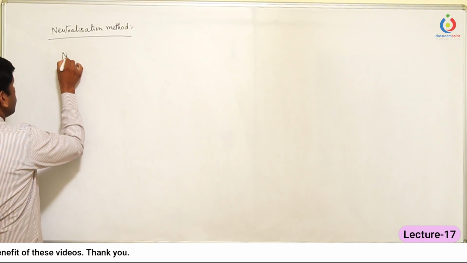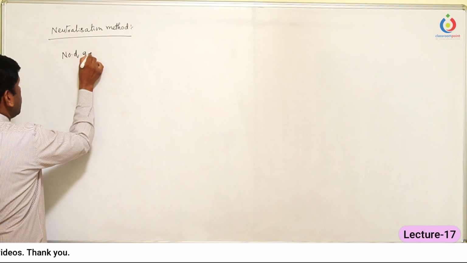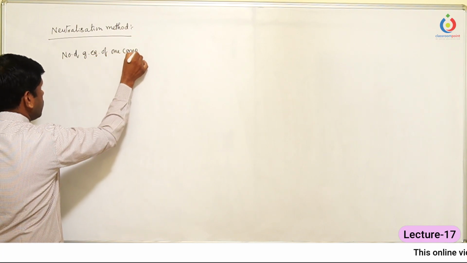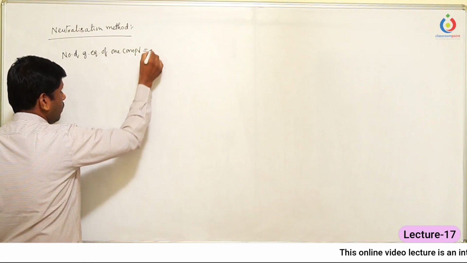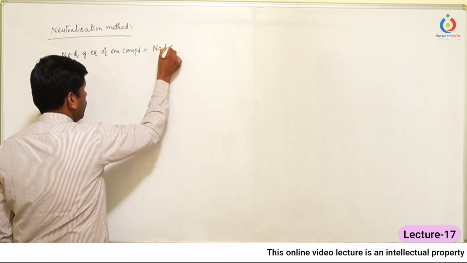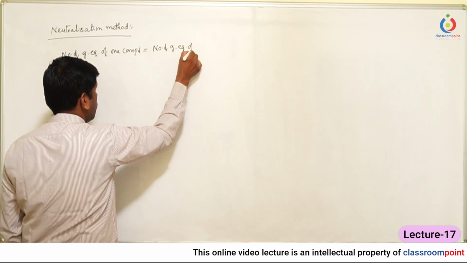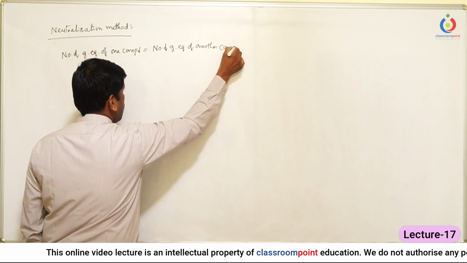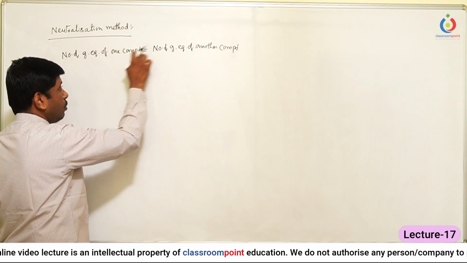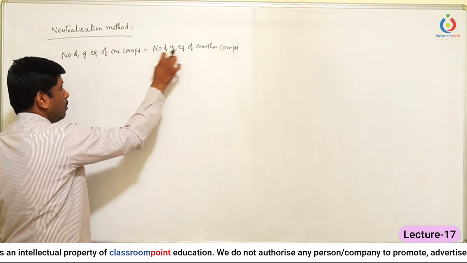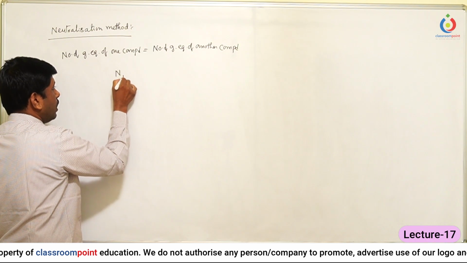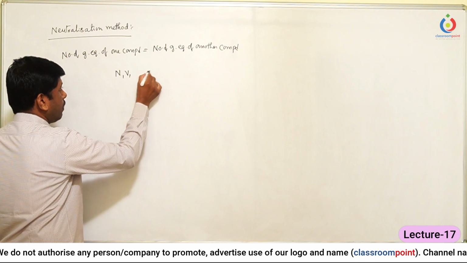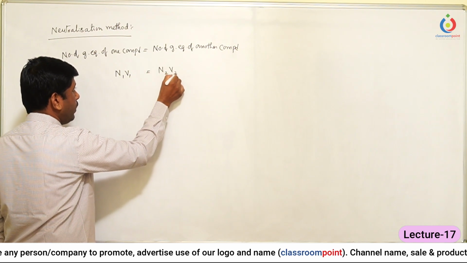So the number of gram equivalents of one compound, which may be an acid or base, equals the number of gram equivalents of another compound, which could again be acid or base. If you take acid here, it could be the base there. If you take base here, it could be the acid. So N1 V1 is the number of equivalents of this compound, equals N2 V2.